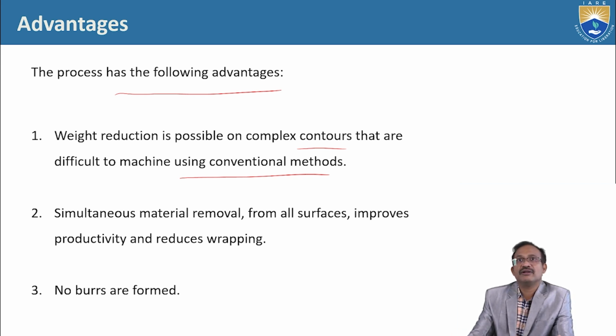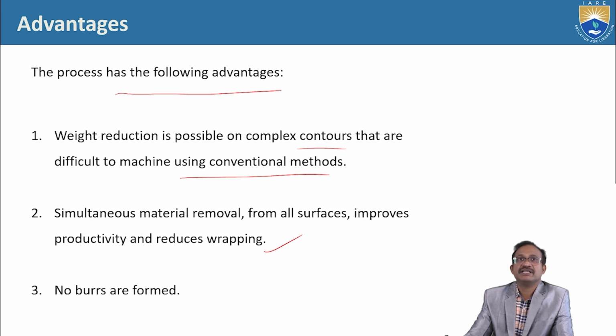Second one, simultaneous material removal from all surfaces improves productivity and reduces warping. In a conventional machining process, we have to remove the material through a different sequence of operations.